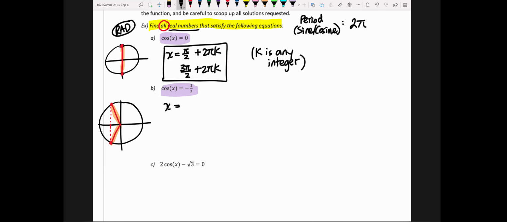So your solutions, we have 2 pi over 3 and 4 pi over 3. However, those are just 2 of the solutions. We have infinitely many solutions. So step 3, we have to add period times k to each solution in order to generate all solutions. We know that solutions repeat every period. So for cosine, the period is 2 pi, so we add 2 pi k to each solution.